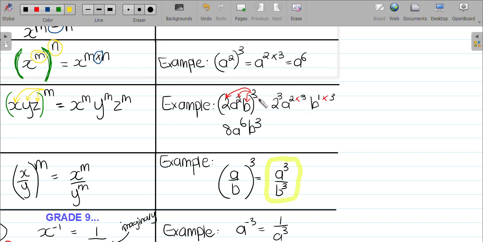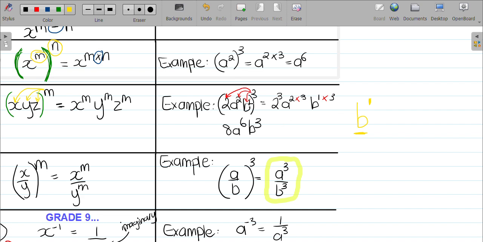And then the b is also going to be affected. So another thing that you might not know, please remember this. I don't know if your teacher has taught you this, but in your exercise book, if they give you a letter, please remember that if they don't write anything at the top here, there is an imaginary 1 as a power.